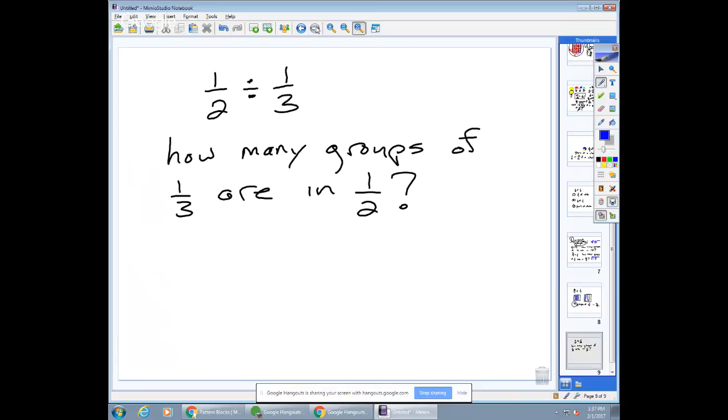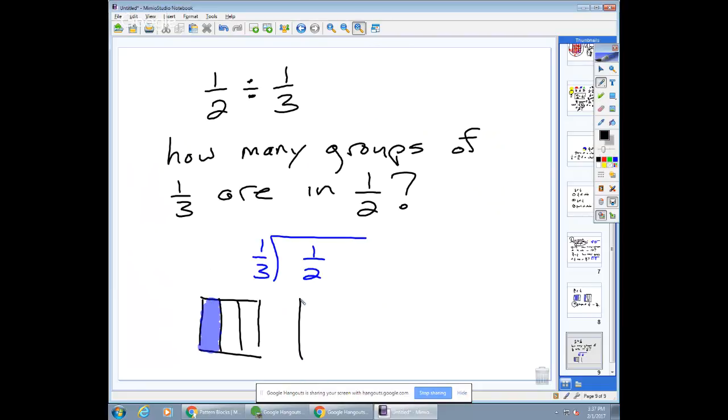Next one. Here we go. So I'm going to consider 1/3 goes into 1/2 how many times? So to do that, I need a picture of a third and I need a picture of half for comparison. So let's see. A third with cakes is going to look like this. And a half looks like that.